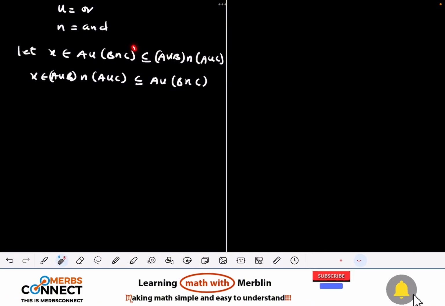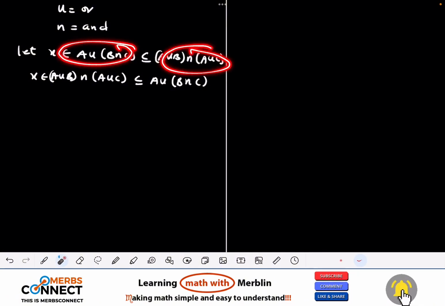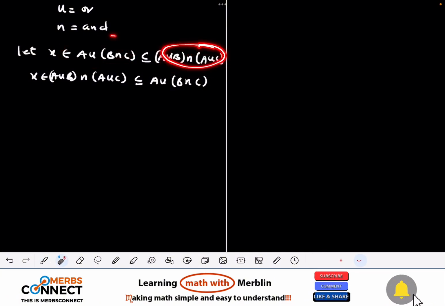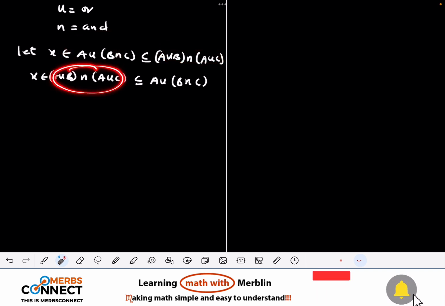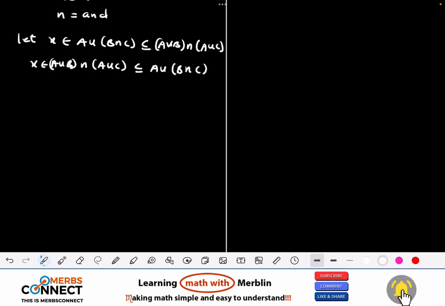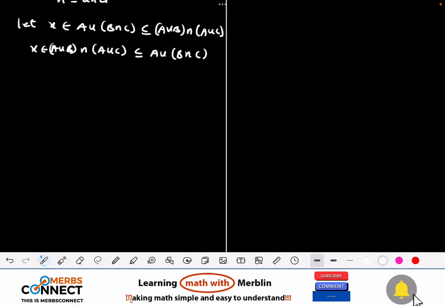Let's take from left to right, then right to left. Let's learn the techniques and the skills. Let's start by saying x belongs to A union (B intersection C).